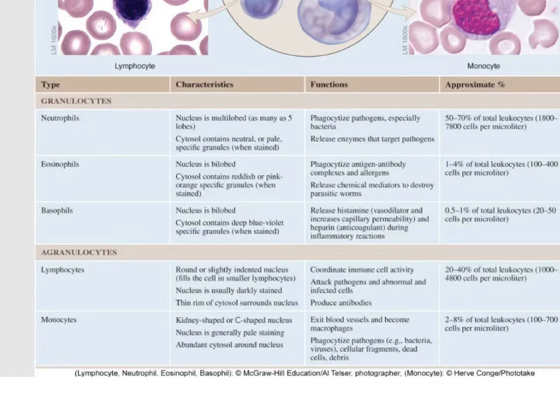Eosinophils will phagocytize antigen-antibody complexes. So give me an example of when an eosinophil will be utilized, from something we talked about last week on Friday. Where's an antigen-antibody complex going to come into play?